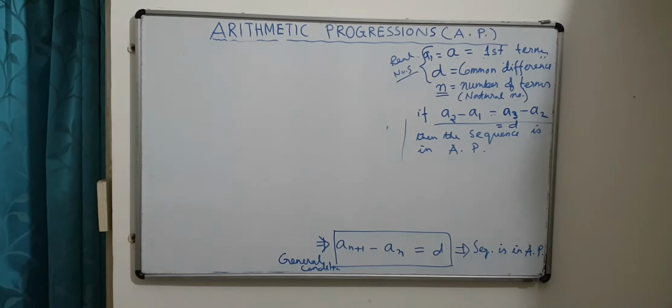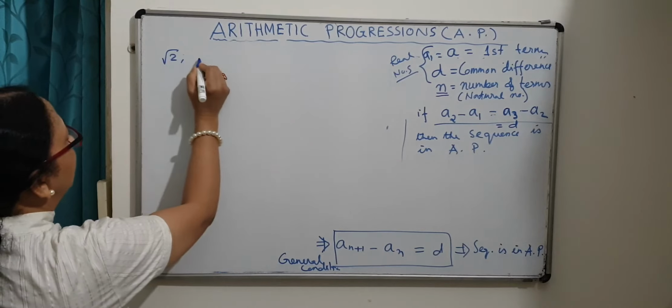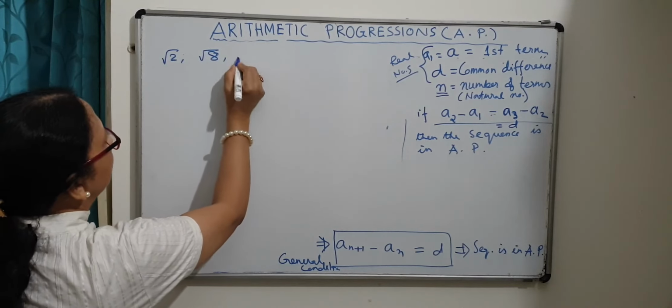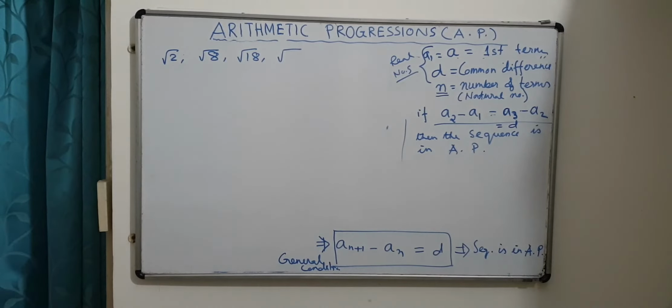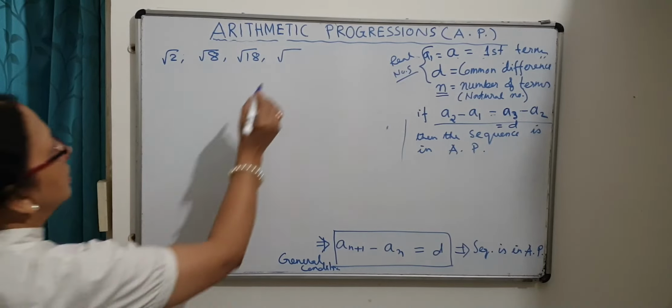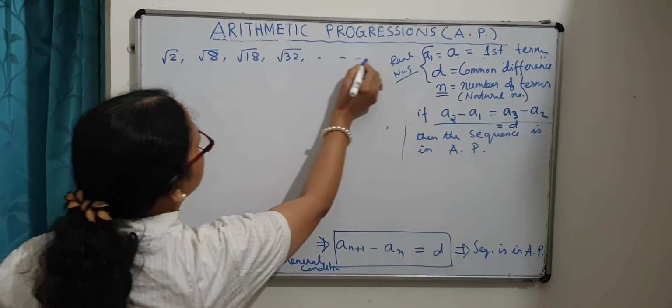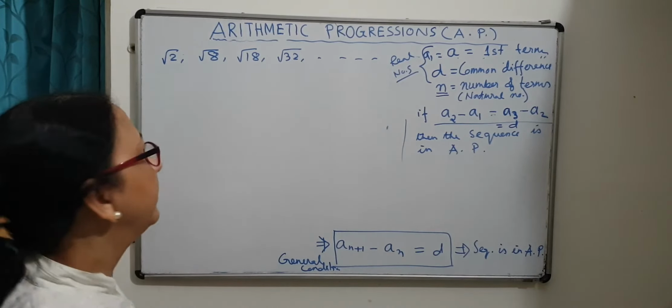So I take root 2, root 8, root 18, and then I think it's root 32. In this way, the sequence is given.